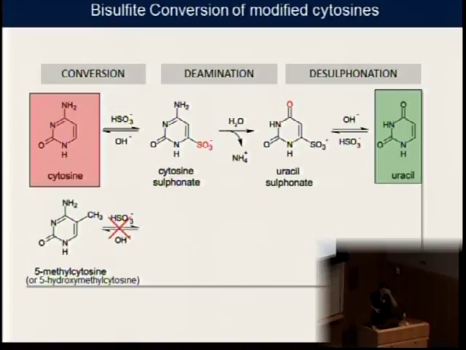So before we go into how you should choose your assay, for those of you who are not familiar with bisulfite sequencing or even bisulfite conversion, I did want to go over this briefly.